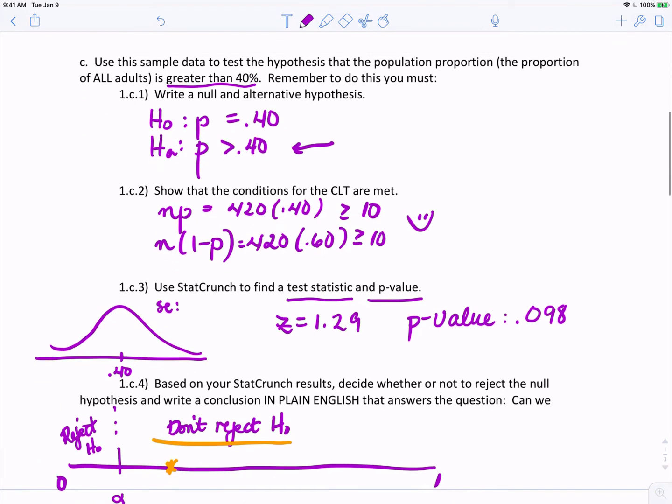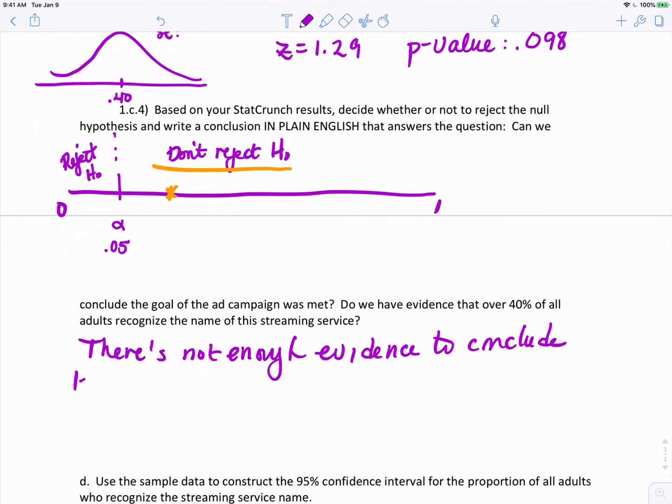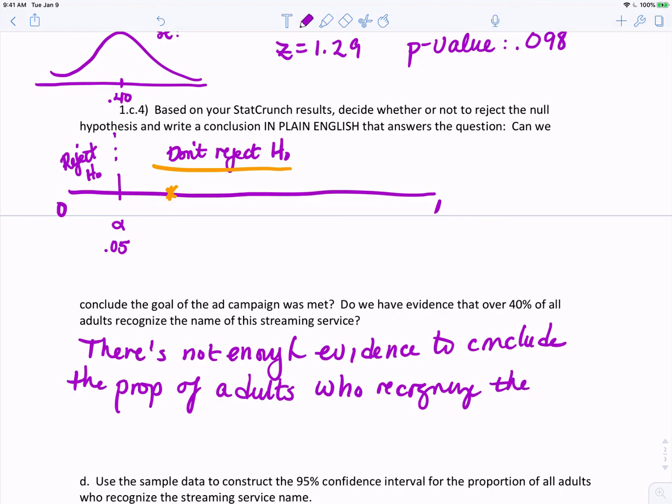In other words, we can't conclude that the proportion of adults who recognize the name of the streaming service is over 40%. So unfortunately for the company, they invested in a lot of expensive advertising, and their goal of over 40% name recognition was not met. We have no evidence it was met.